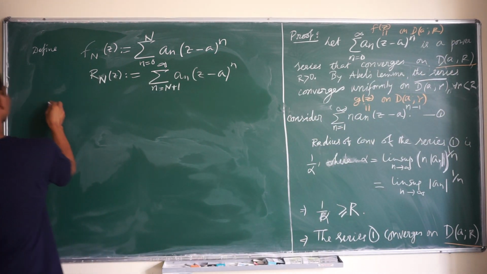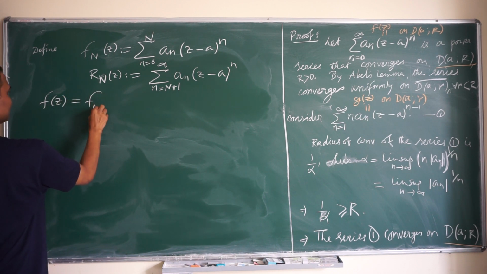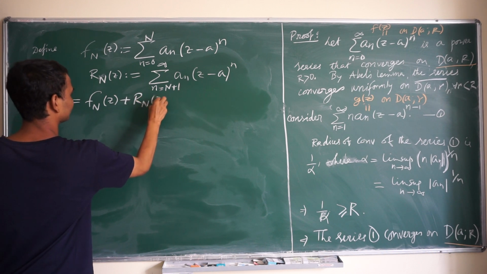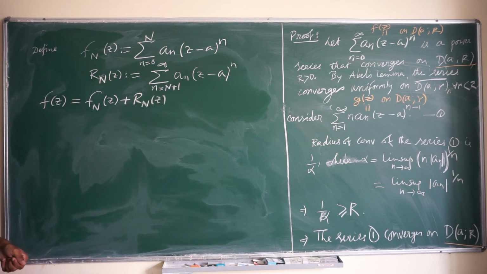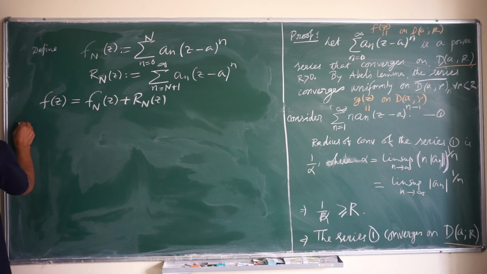So we have f(z) equal to f_N(z) plus R_N(z), where f_N is a polynomial, and note the following things are very clear.